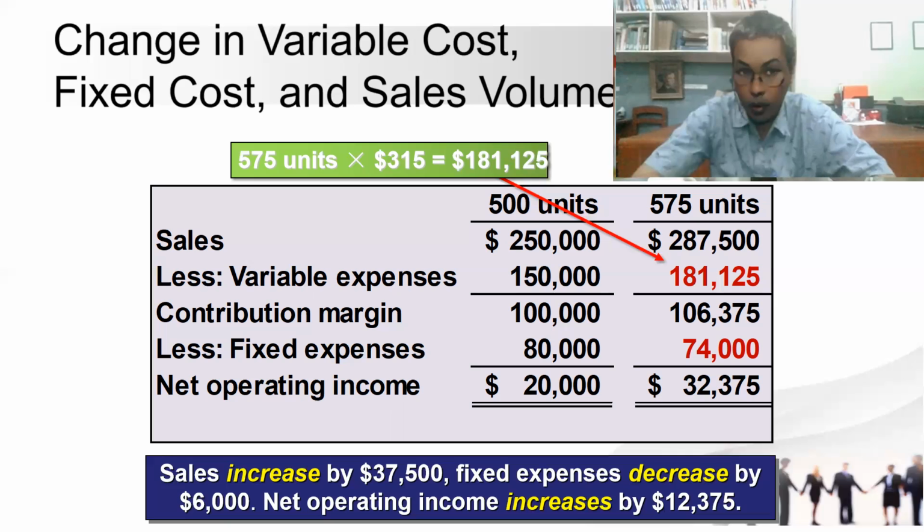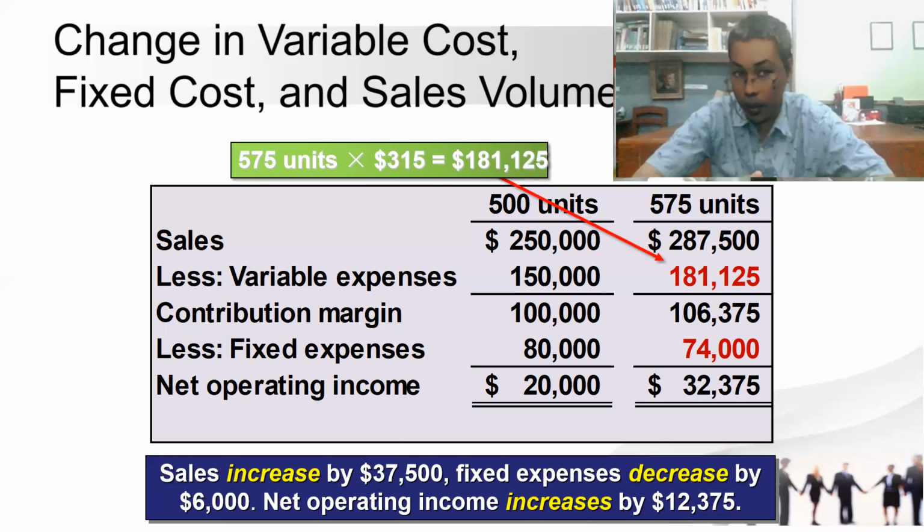So therefore, if we pay $15 as a commission, our variable expense will increase to 315 because 300 is the normal or the average, and we are paying now 15. So 300 plus 15 is now 315. That's why we have the 315 there.